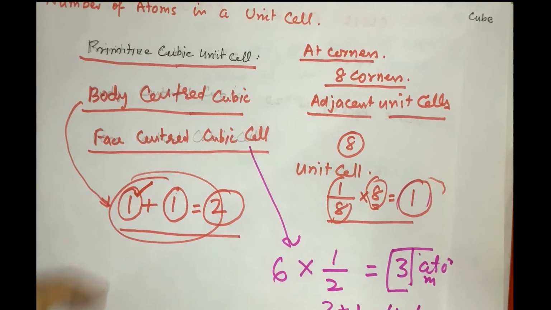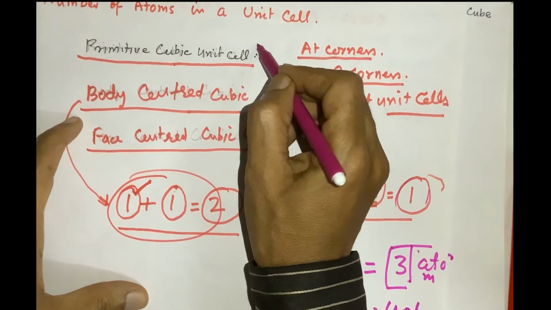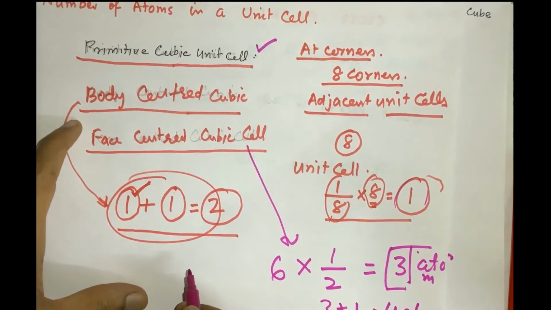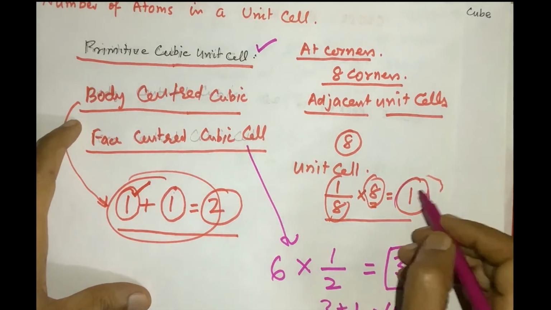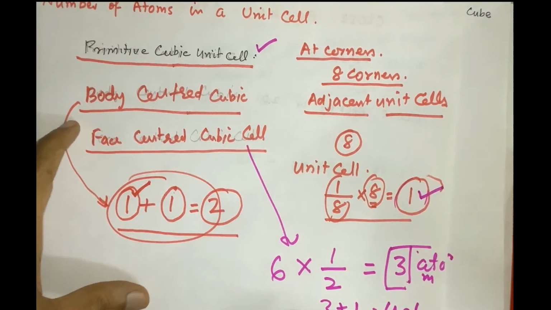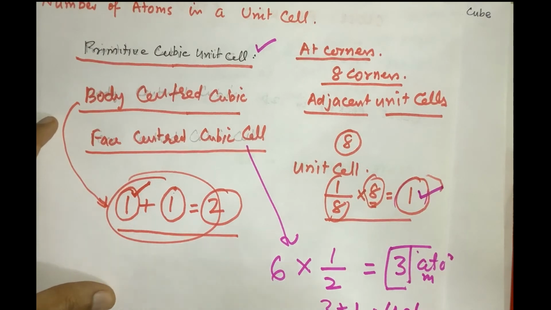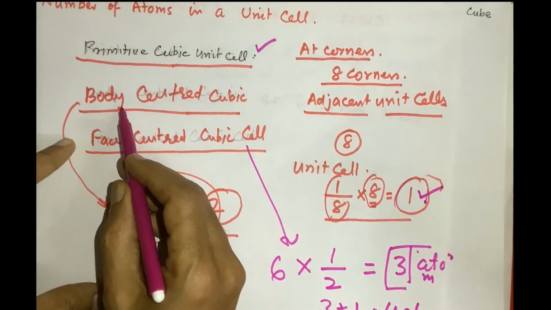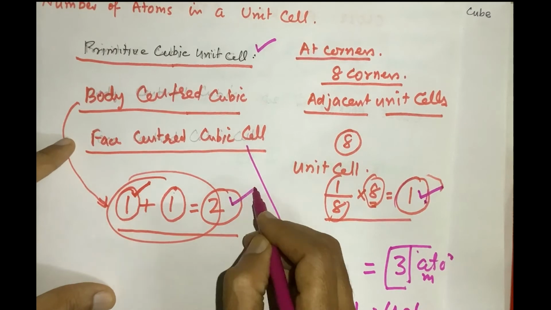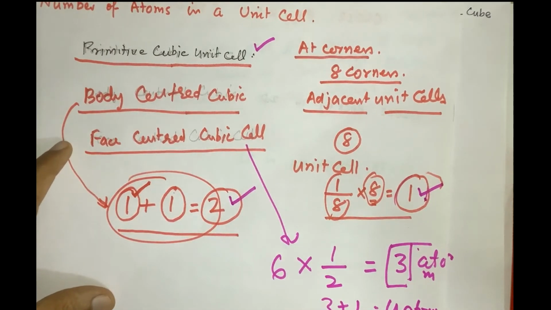So what we have learnt is that if it is a primitive cubic unit cell, the number of constituent particles per unit cell is only 1. And if it is body centered, then the number of constituent particles is 2.